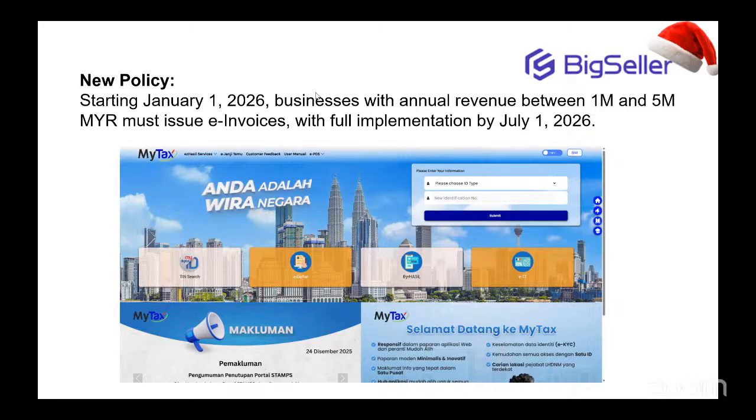BigSeller has integrated with this system, so you can push your sales orders through our system and print your invoice in just 3 clicks. You don't have to manually submit your information and print this invoice.